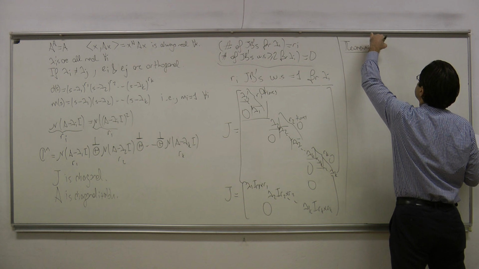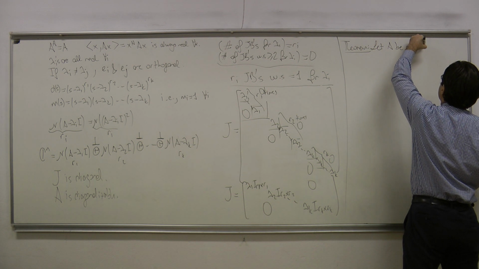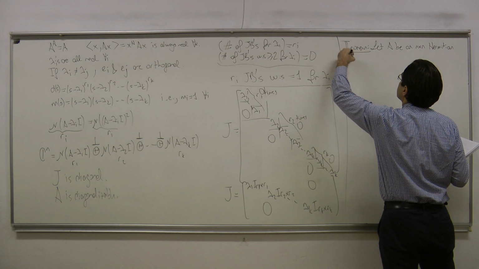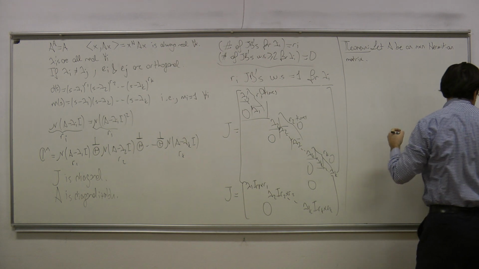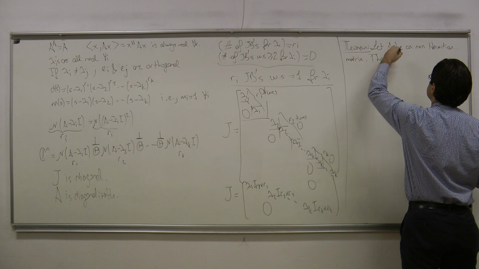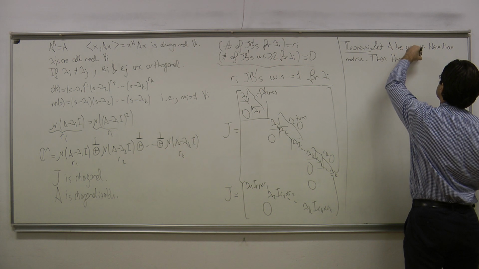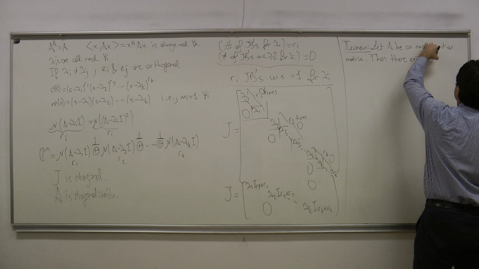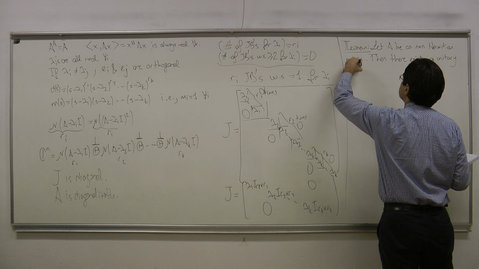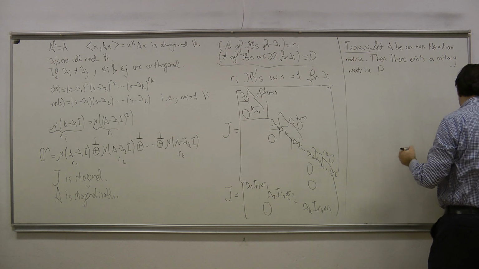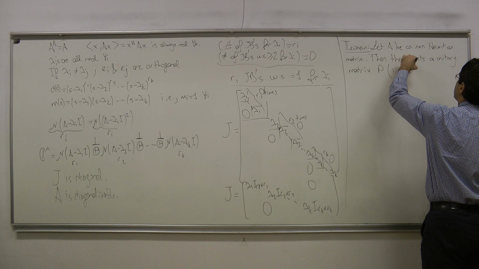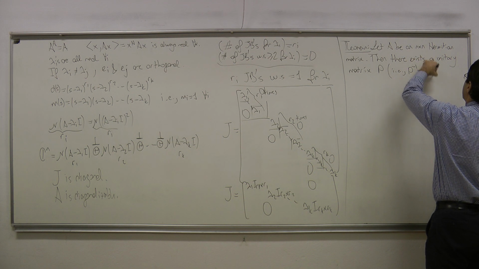Let A be an n by n Hermitian matrix. Then there exists a unitary matrix P. A unitary matrix is a matrix which satisfies the following property: P inverse is equal to P Hermitian.